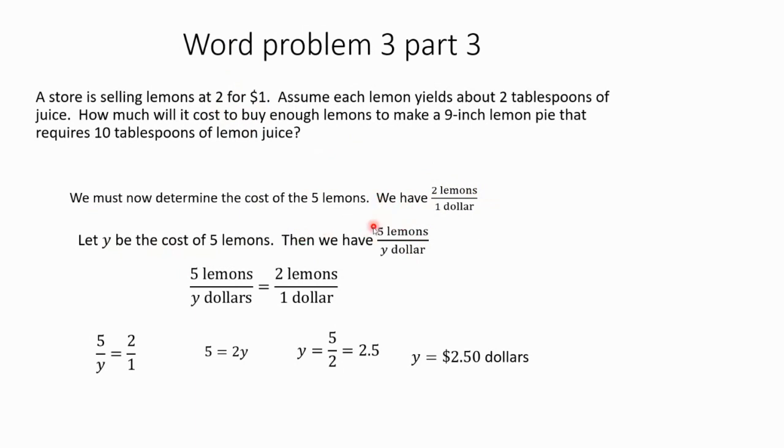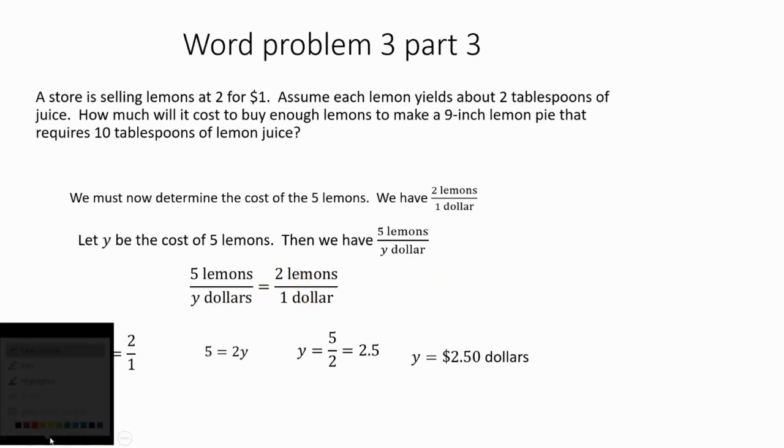We're buying 5 lemons. How much will that cost us? Same thing here. Okay. So what do we do then? We set them equal, and again, we solve, right? We have 5 lemons over y dollars is 2 lemons over $1.